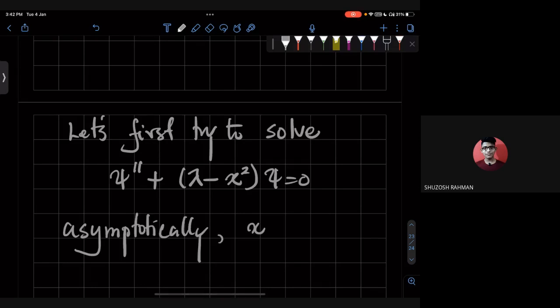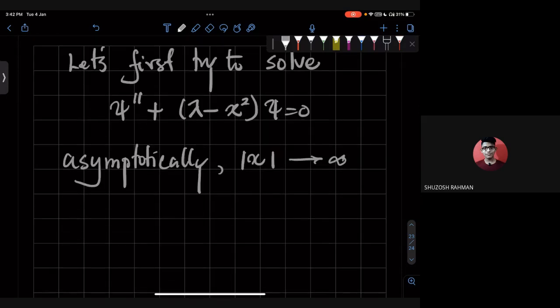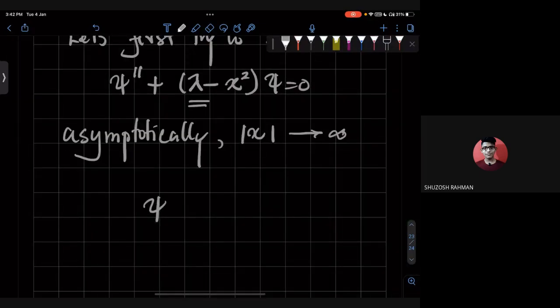That is, taking x to infinity. In that case, we can ignore the lambda term, right? Then my equation becomes, this is proportional to some x squared psi, okay? Or this is equal.